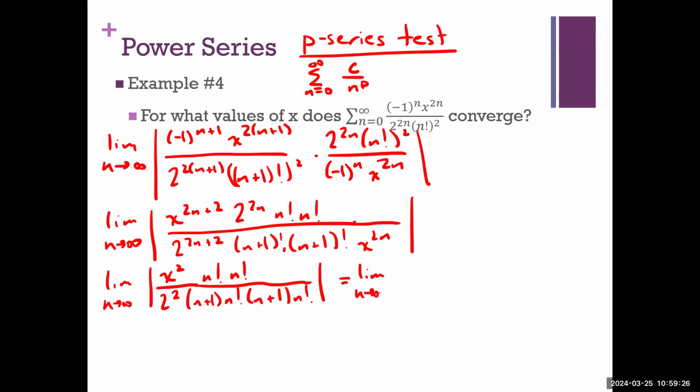So the limit as n goes to infinity of what? Absolute value of x squared over 4 times n plus 1 squared. And as always, I want this to be less than 1.